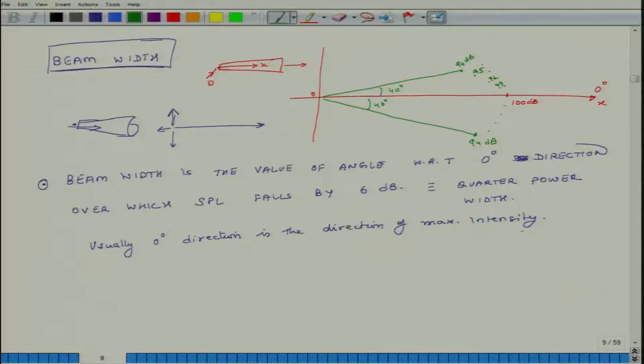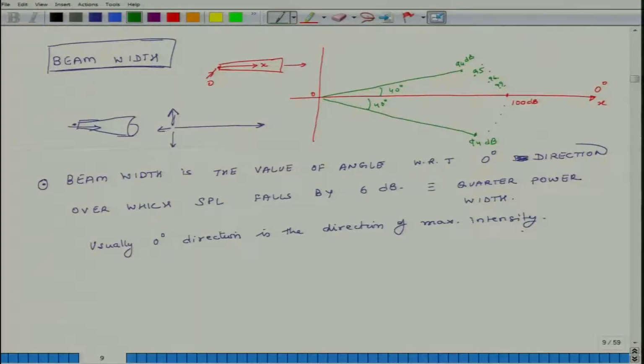If I go away from 0 degree by 40 degrees, the decibel value falls from 100 to 94. And on the other side also, when I move by 40 degrees, the decibel value falls by 6 decibels. The radius does not change, the distance from the origin does not change, the radius has to remain constant. Then I will say that the beam width, and which type of beam width? Quarter power width.